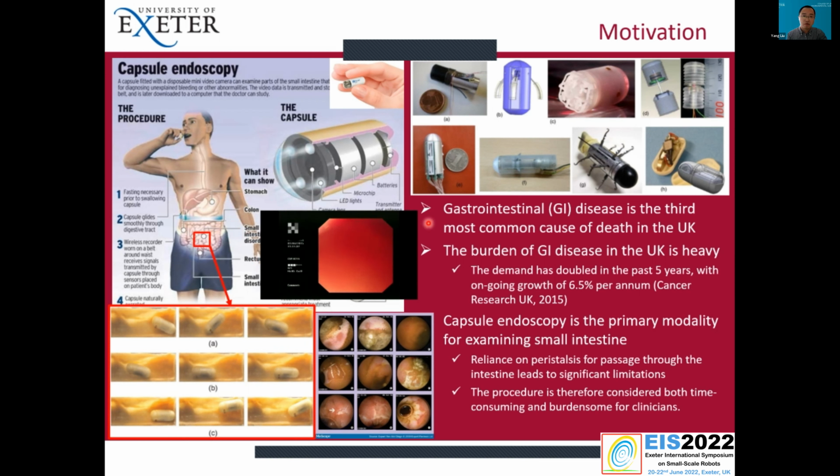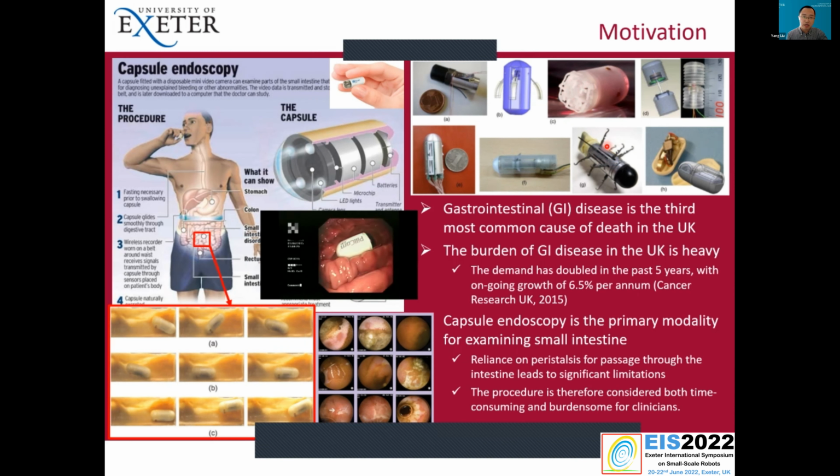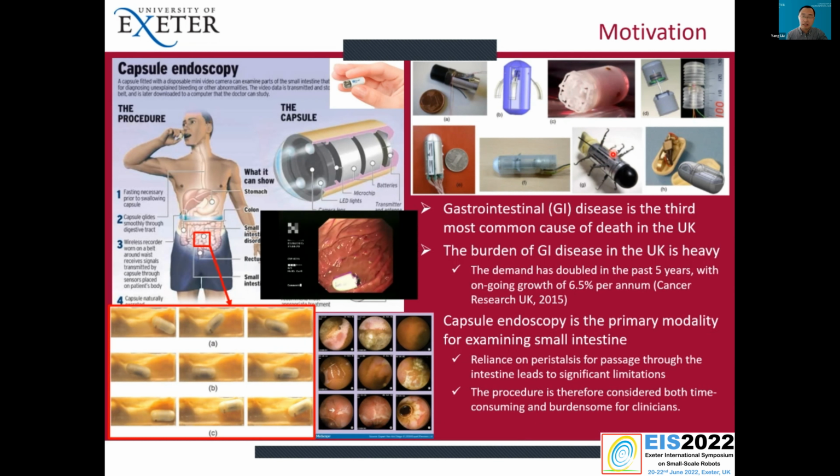There are quite a few research groups working towards developing different kinds of controlled capsule endoscopes. For example, this one uses propellers, and this one uses legs. They want to control the motion of the capsule in the GI tract, so the clinician can carry out a careful examination of the small intestine.